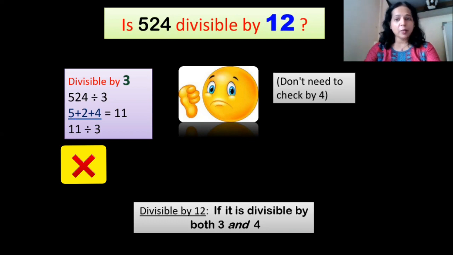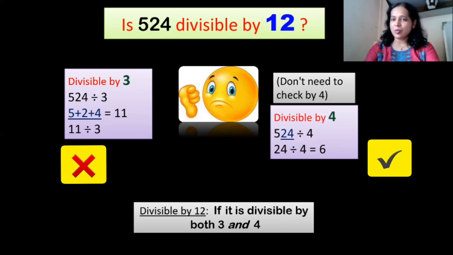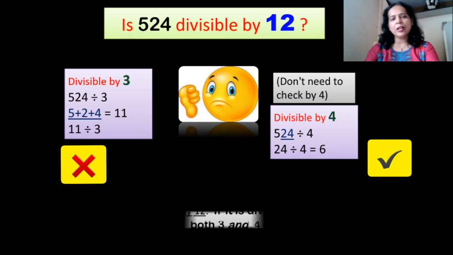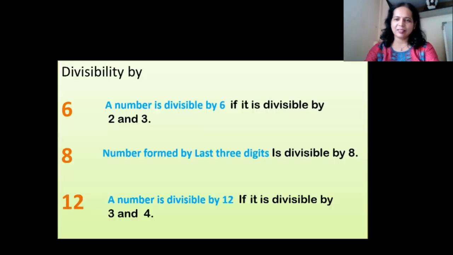No need to check by 4. Still you can check. It is divisible by 4, but it is not divisible by 3. That means this number is not divisible by both 3 and 4. So this 524 is not divisible by 12.